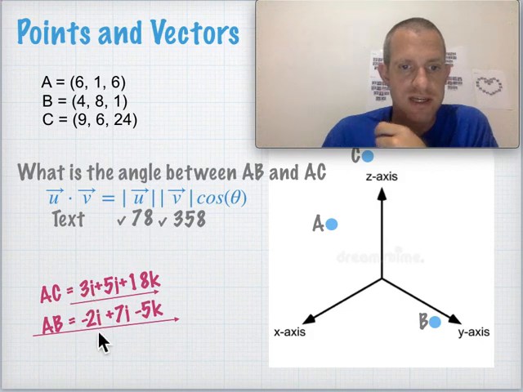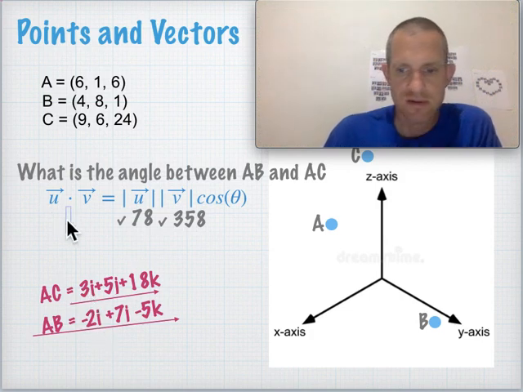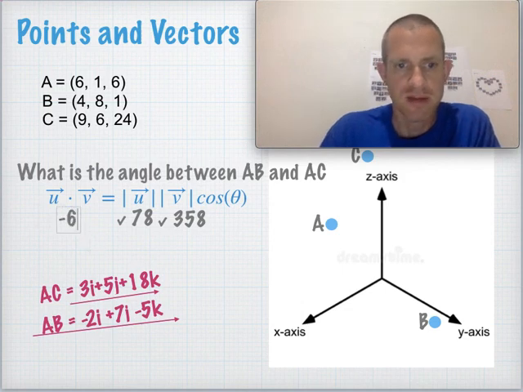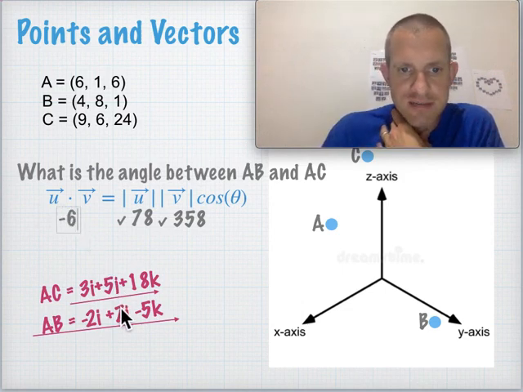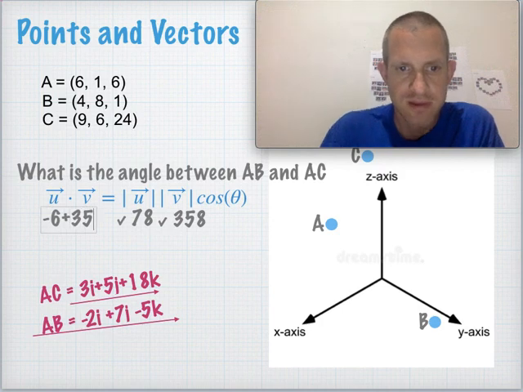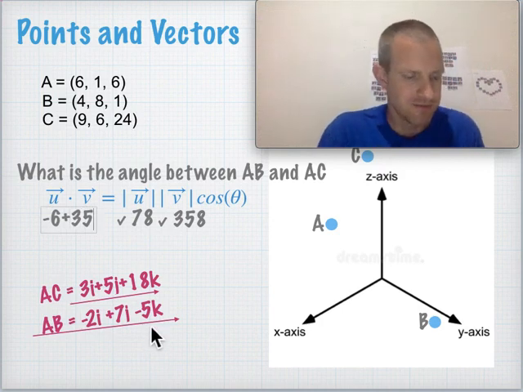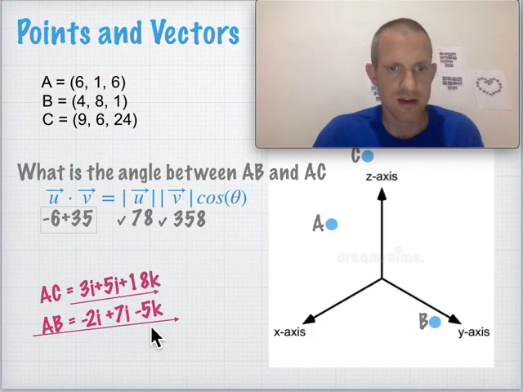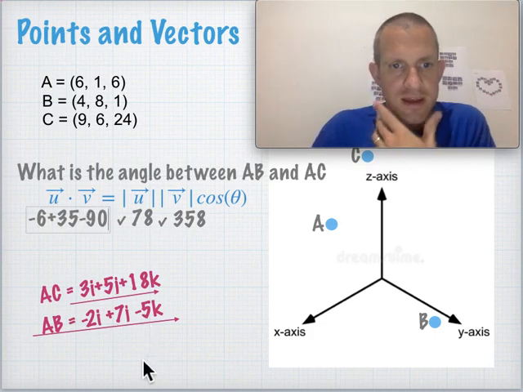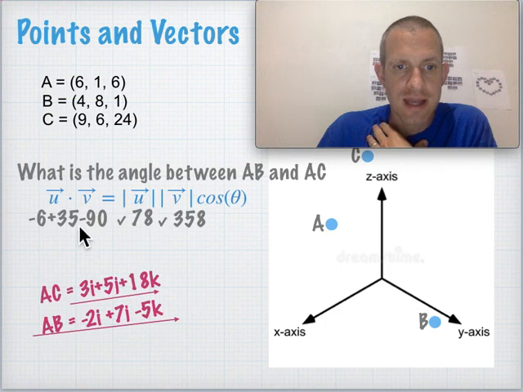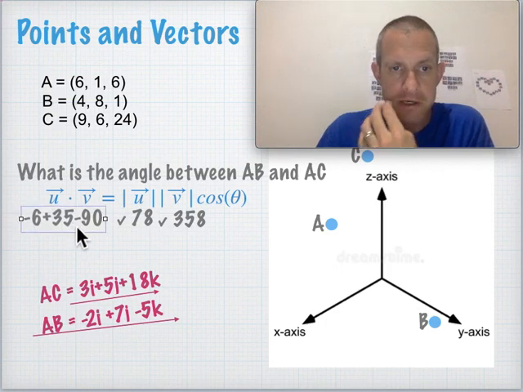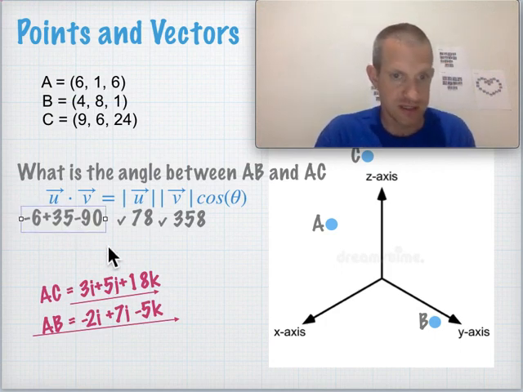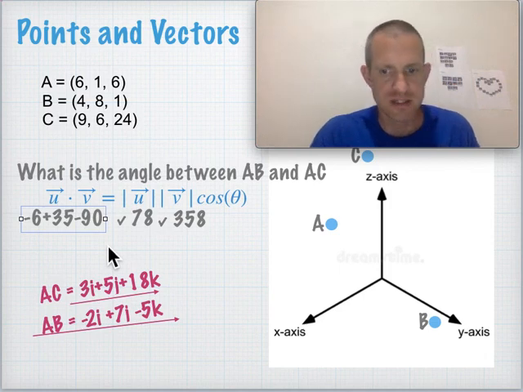So 3 times -2 is -6. 5 times 7 is 35. 18 times -5 is -90. And if I then add those together, that would be the dot product. So -6 plus 35 minus 90 is -61.